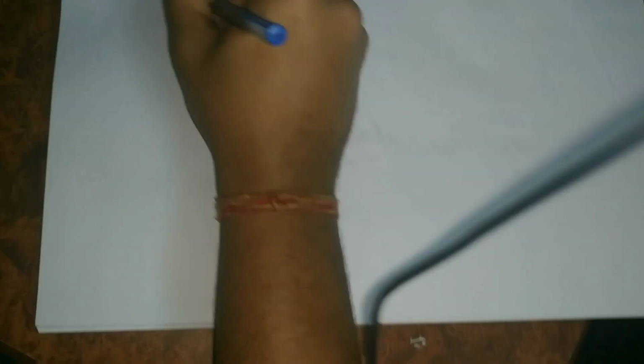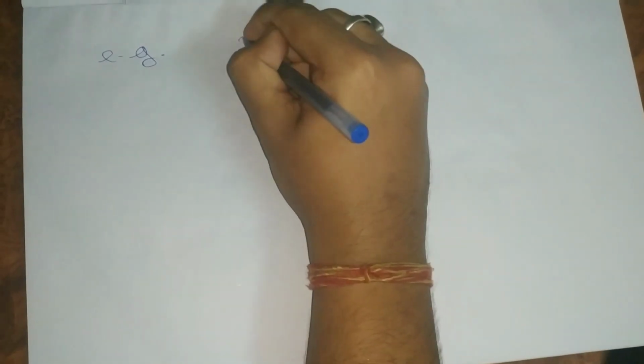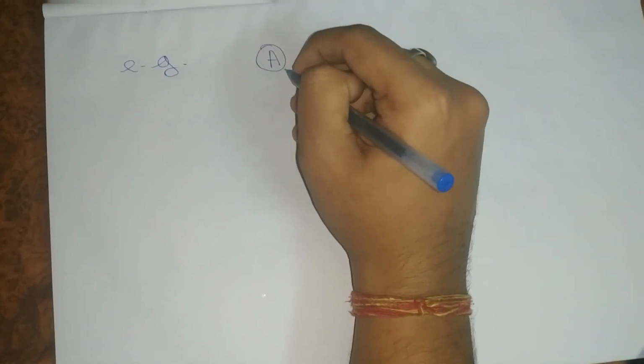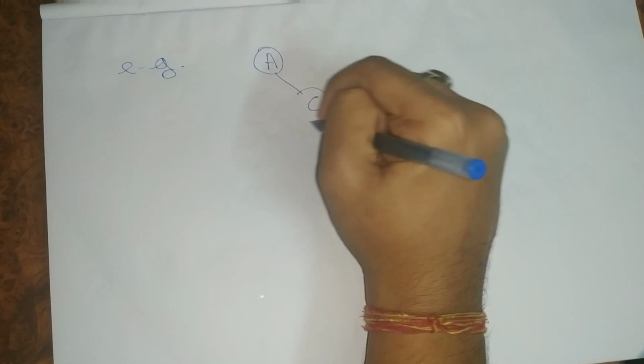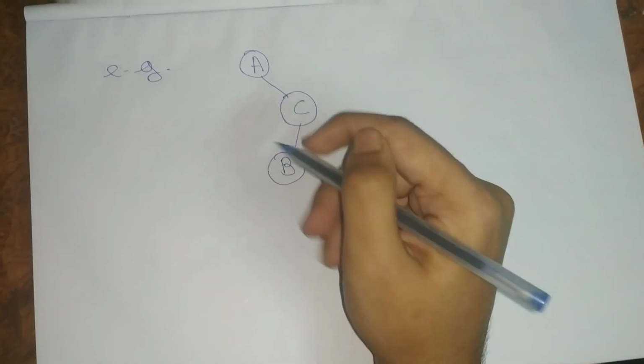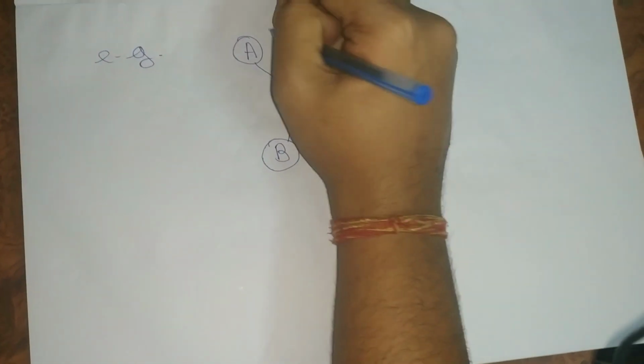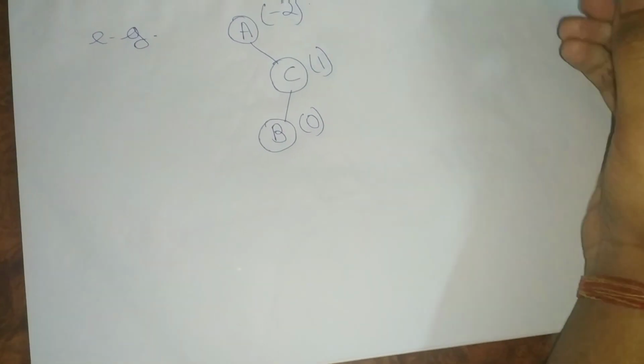So example, see, example. A, C, and this is B. So here it is 0 1, and here it is minus 2.